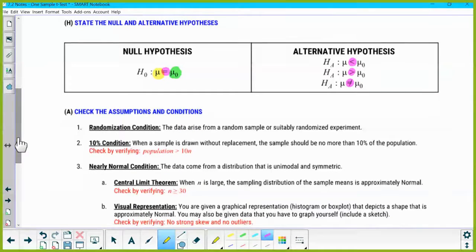Assumptions and conditions are going to be exactly the same as from our confidence interval. So we have to check, is it random? We have to check the 10% condition. And remember, sometimes we deal with experiments where we don't necessarily have the capability to do a random sample.